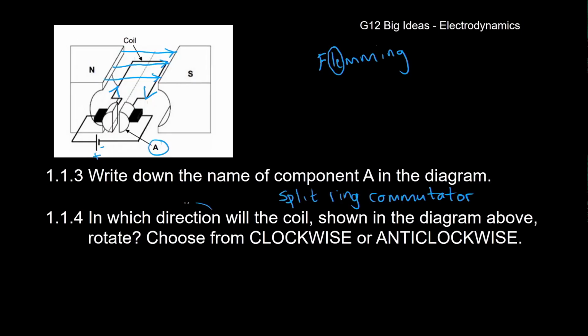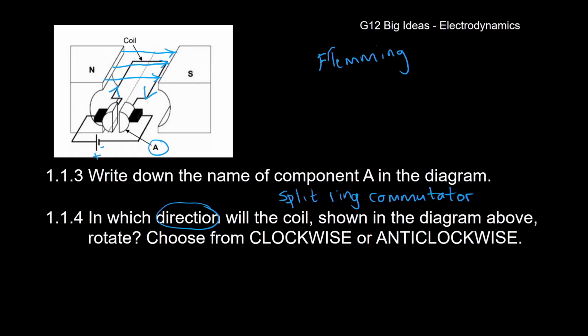So the question is asking in which direction is this coil going to move. So I have to figure out the thumb. Which way is that going to be pointing? So let me set it up. From north to south, that is the direction of the magnetic field. Now I can choose which side of the coil I'm going to use.